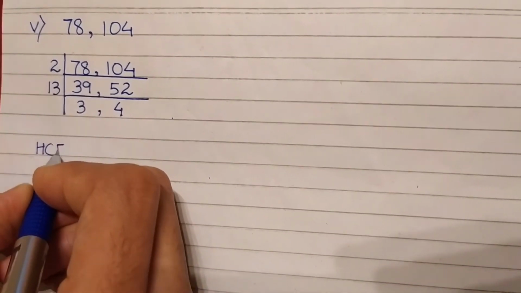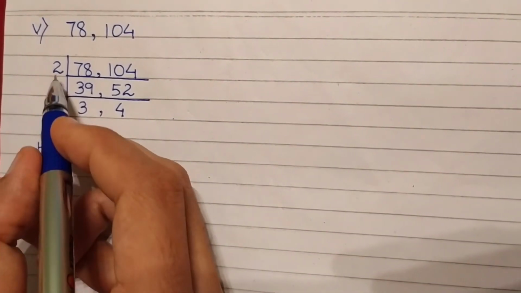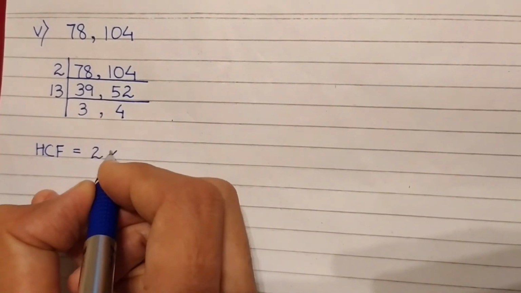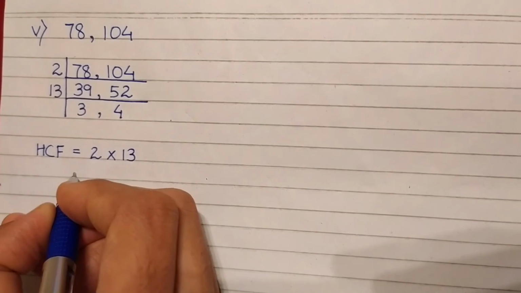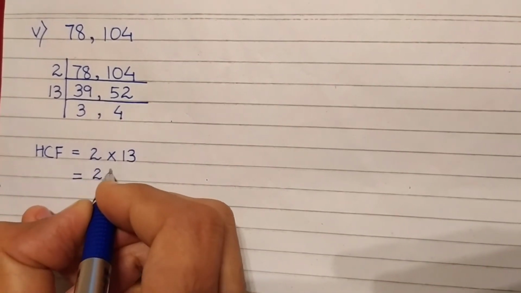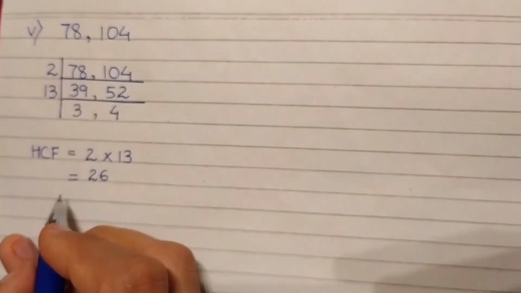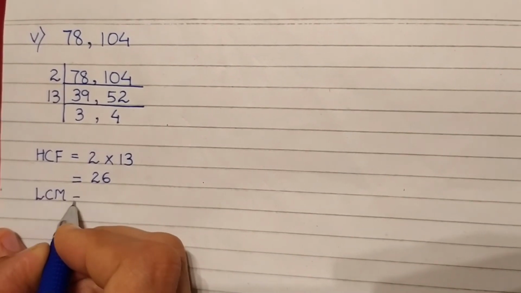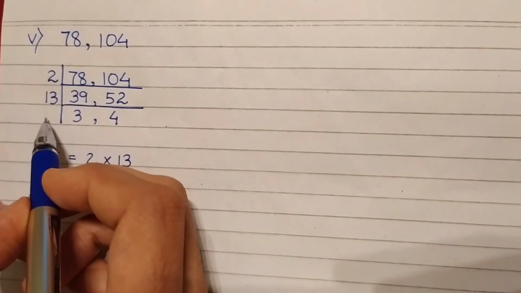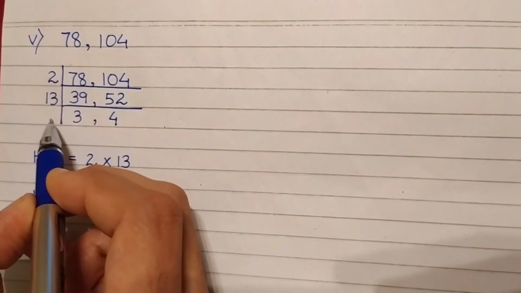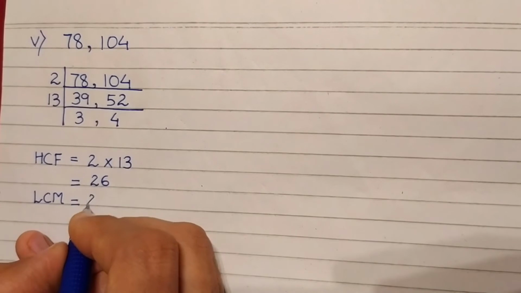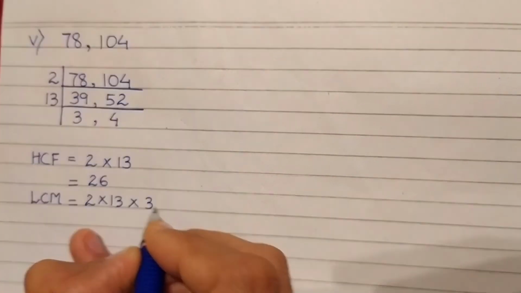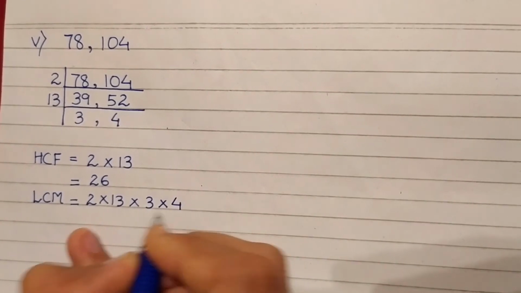Now we can proceed towards writing HCF. HCF is equals to product of numbers on the left, that is 2 into 13. 2 into 13 is 26. Now let's find out the LCM. LCM is equals to product of numbers which are forming L shape, that is 2 into 13 into 3 into 4.